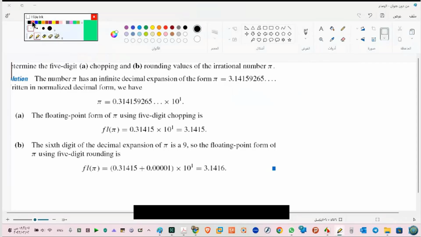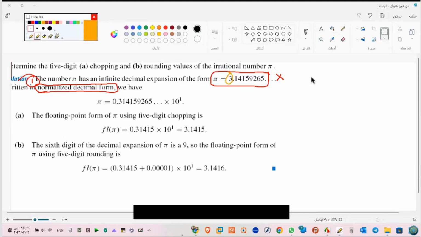To solve this example, writing it like this is wrong. You have to write it in normalized decimal form. So the first step is using normalized decimal form. See, my friends, here I have a 3.